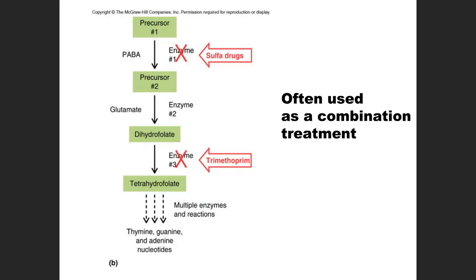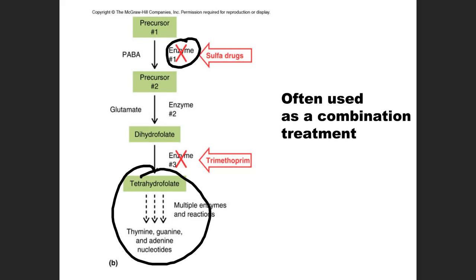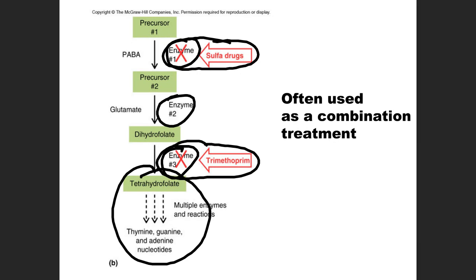To get to folic acid, there's a 3-step process where you use enzyme 1 that regulates the first step, enzyme 2 that regulates the second, and enzyme 3 that regulates the third. Sulfa drugs basically inhibit the first enzyme of the pathway. But you always give trimethoprim at the same time, which blocks the third enzyme of the pathway.